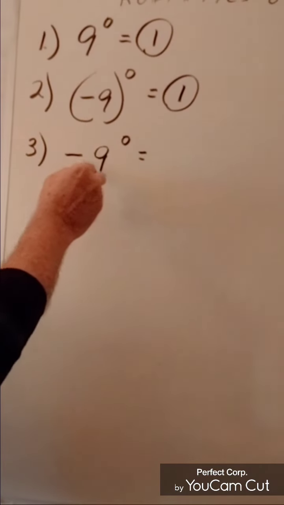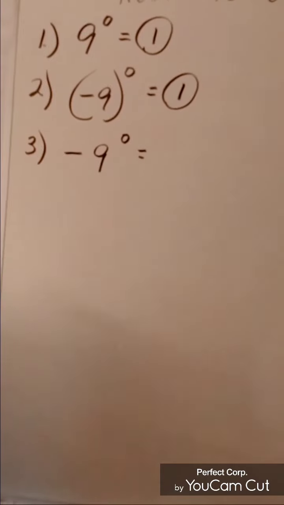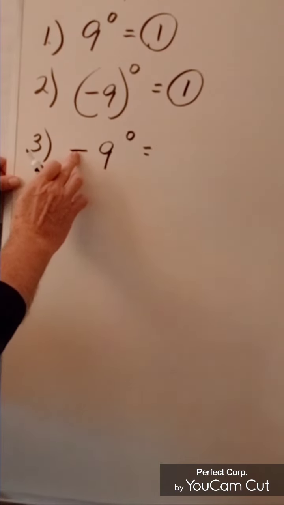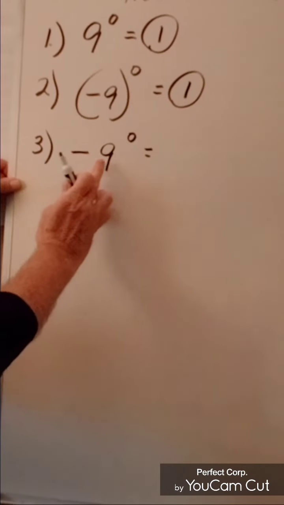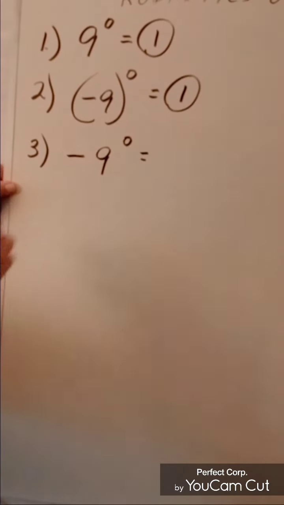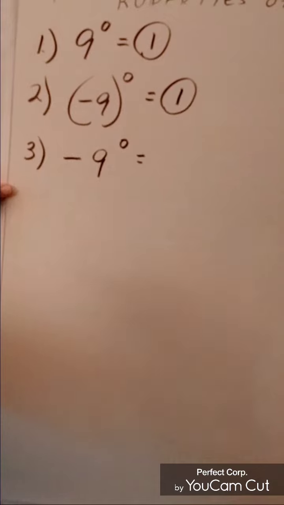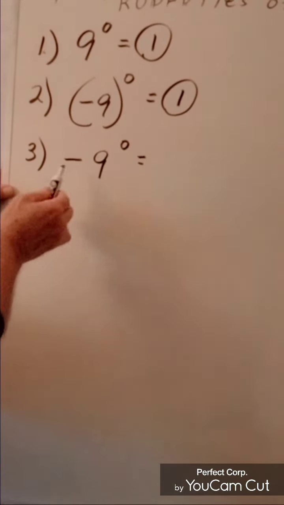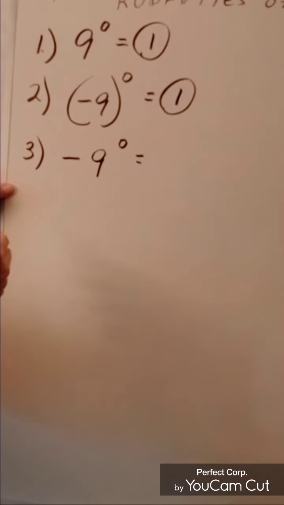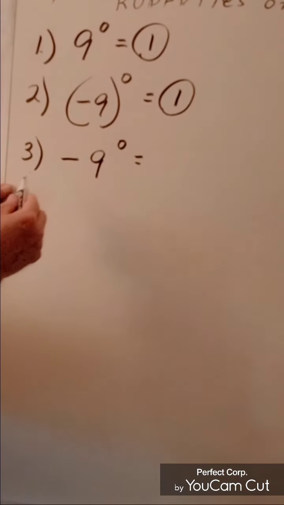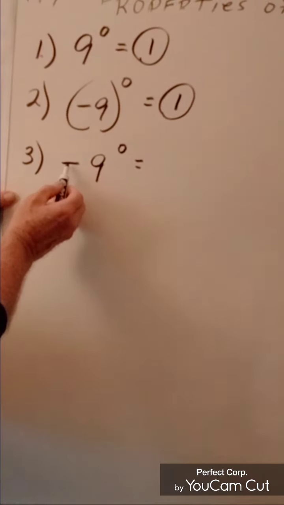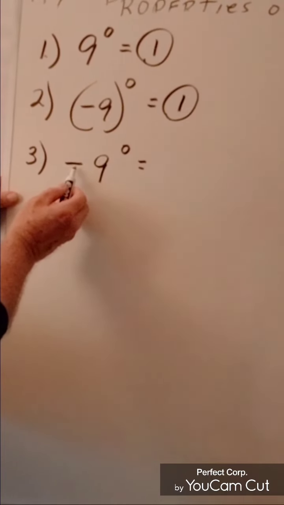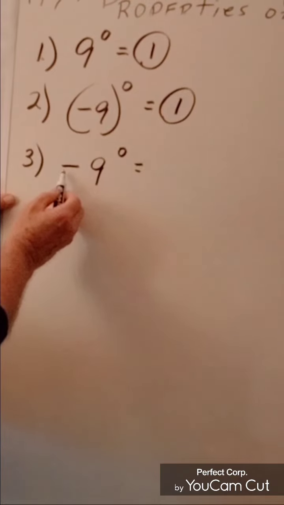So we're going to write out its meaning first before we actually evaluate this. This negative sign is not part of your base of 9 because it would have had to have been parenthesized for it to be. One of its interpretations would mean it's the implied sign of an imaginary factor of -1. And that's how I'm going to look at this.